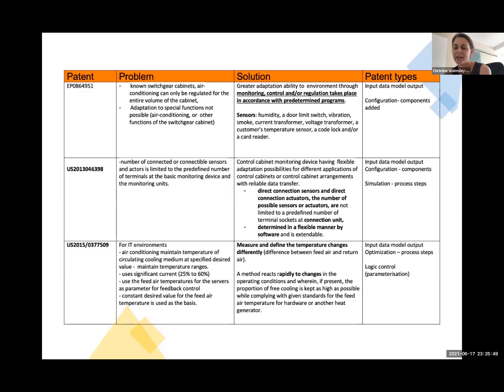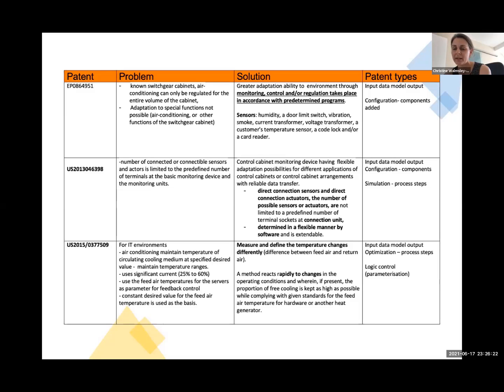The solution then becomes, you will need a control cabinet monitoring device with flexible possibilities for different applications and reliable data transfer. And you can do this with a direct connection of sensors and direct actuators, which are not limited to a predetermined number of terminal sockets. So they should be able to be fixed or connected in a flexible manner. And you can use software, and it should be extendable.